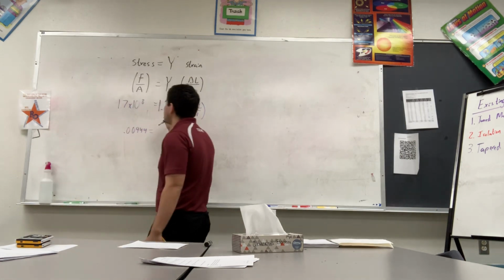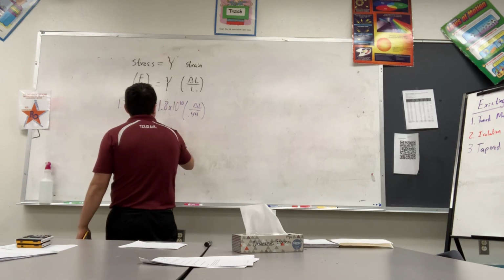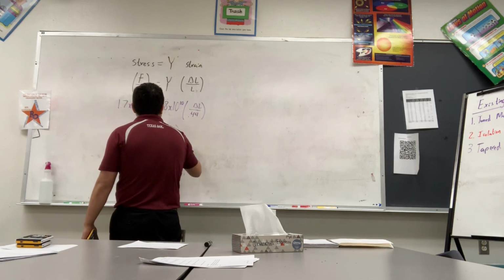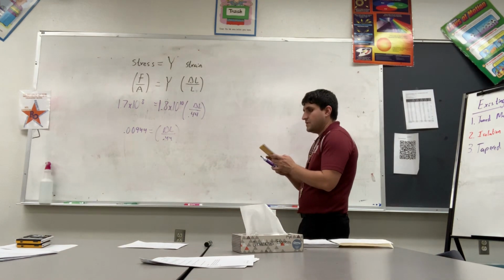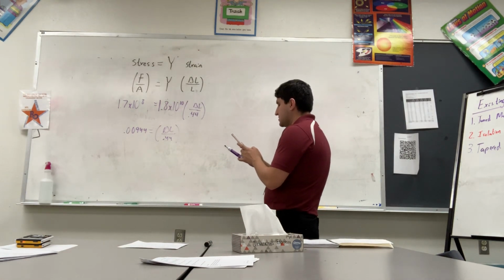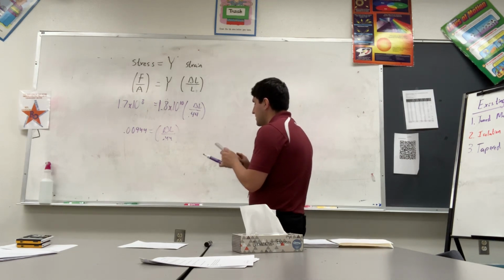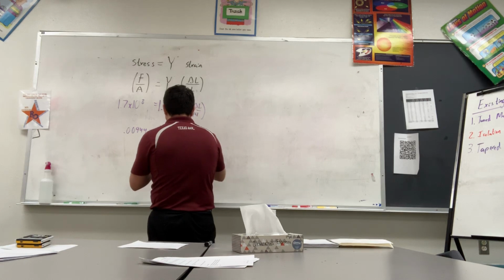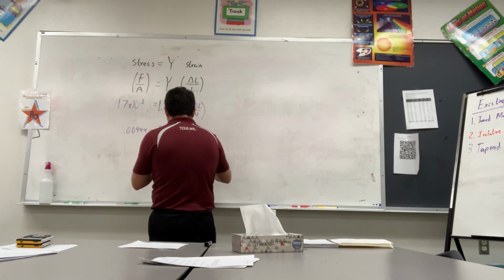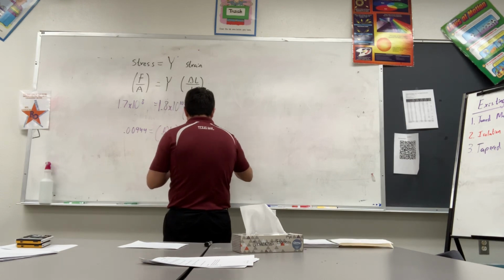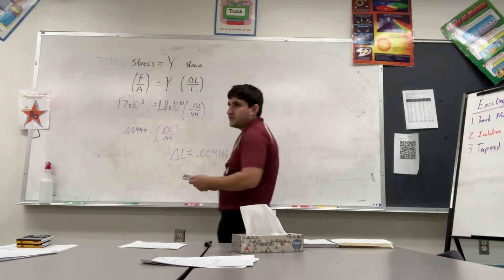Is that what you guys got? I get change in L over 0.44. How do I cancel that 0.44? I multiply both sides by 0.44. My answer ends up being change in L is 0.004156 meters.